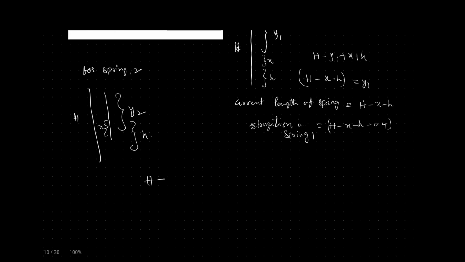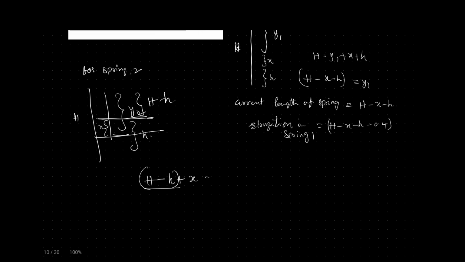If you remove h minus small h, you'll get the value till here. We want the value till here, so H minus h is the value up to there, but we want till here. Just add the x.